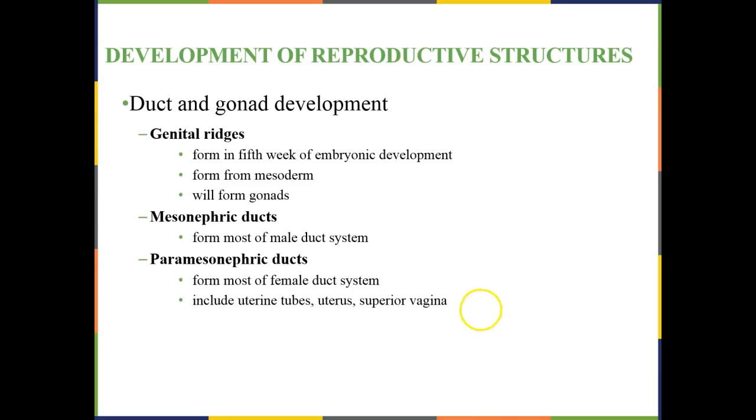But for males, at week 7, when testosterone is secreted under the SRY gene, the mesonephric ducts start to form, and the paramesonephric ducts are going to degenerate. In females, because no testosterone is produced, the mesonephric ducts degenerate and the paramesonephric ducts will form.